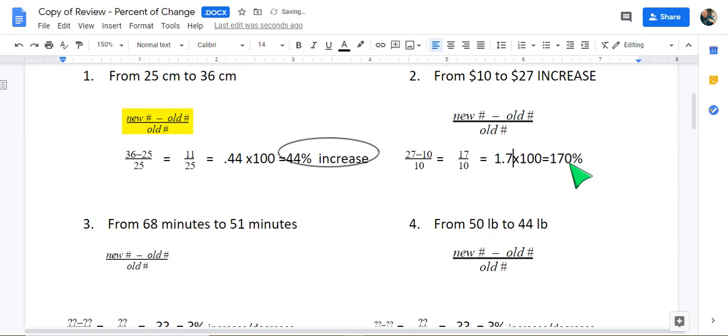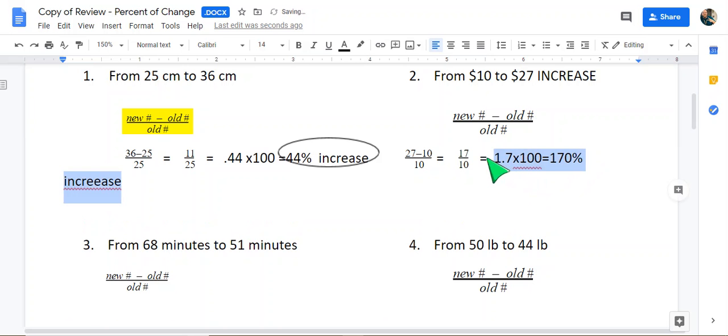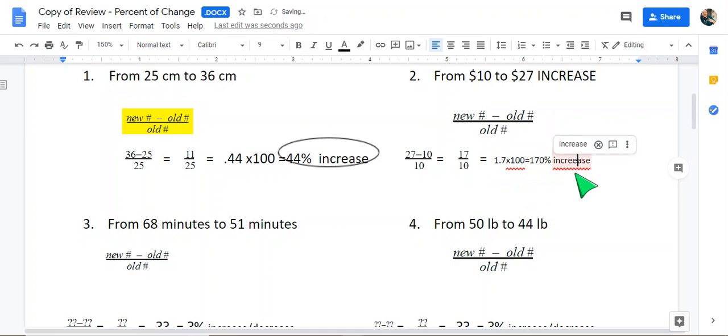And it's a 170% increase, okay? Because it went up from $10 to $27, so it increased. Remember, I do the new number 27 minus the old number 10 divided by the old number, and then you multiply by 100, and then it gets the percent. So that's the answer, 170% increase.